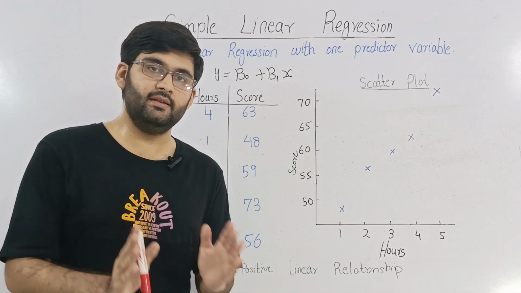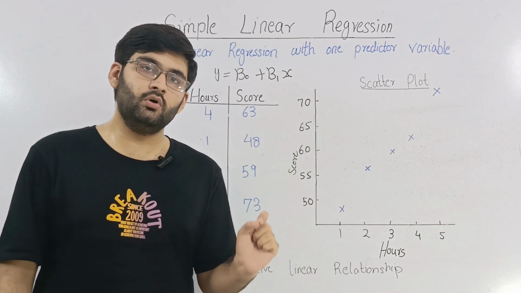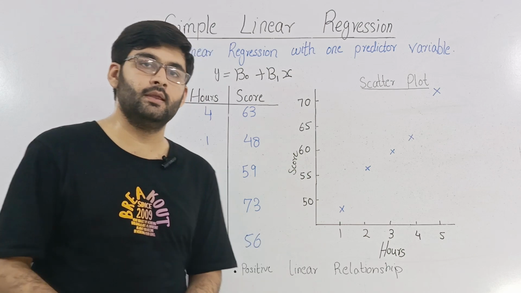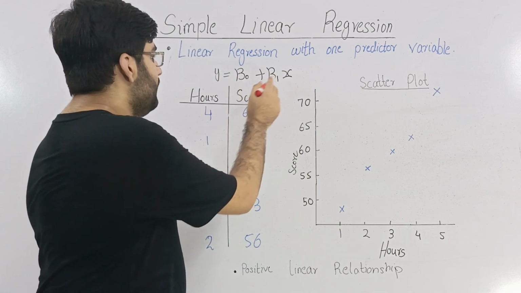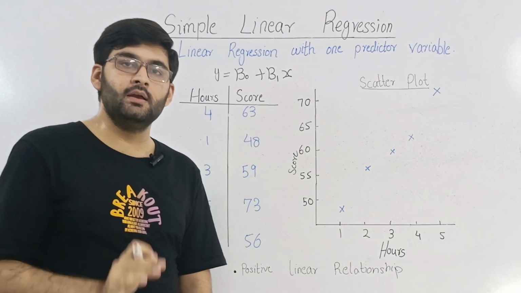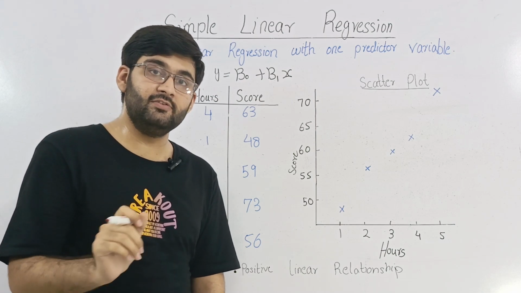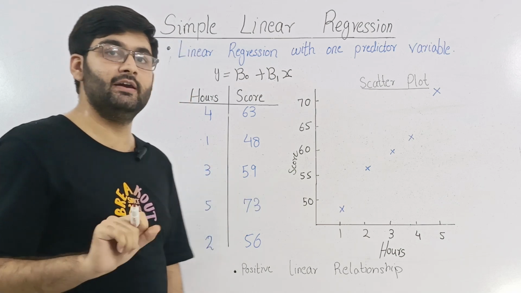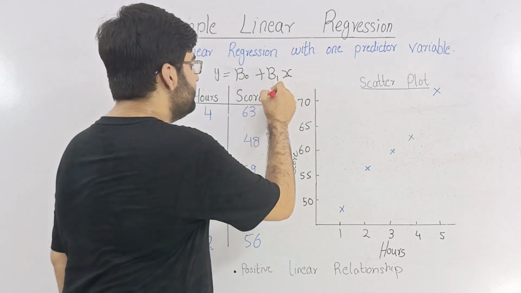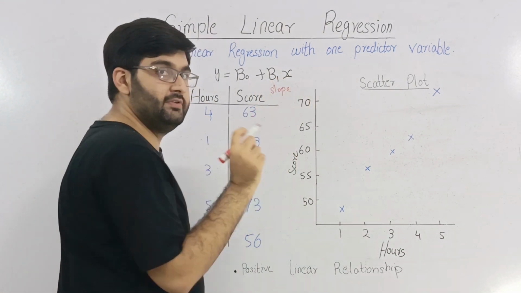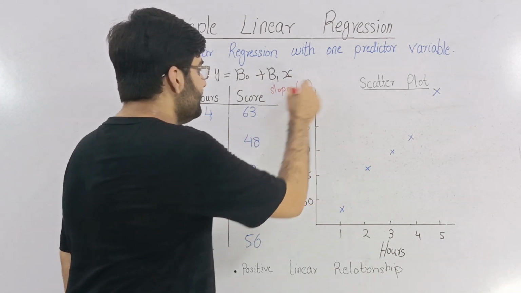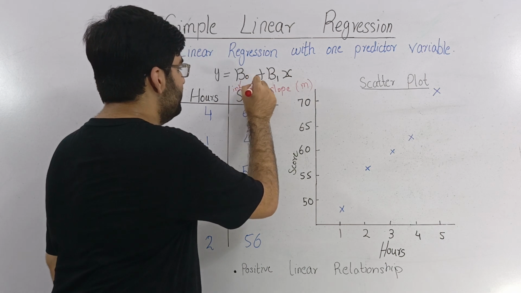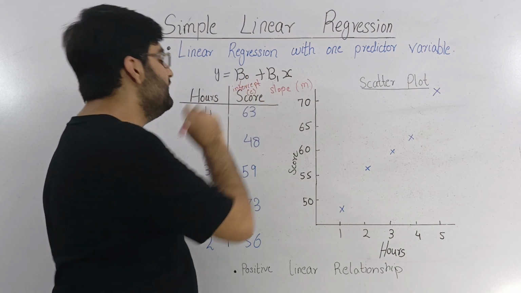The type of linear regression in which there is only one predictor variable is called simple linear regression. This is the equation of simple linear regression. If we look closely, we will see that this is actually the equation of a line, where beta 1 is the slope of the line, which we represented with an m, and beta 0 is the intercept of the line, which we represented with a c.